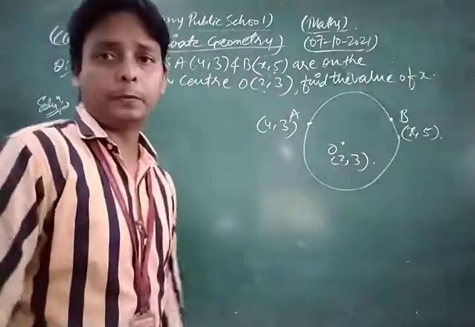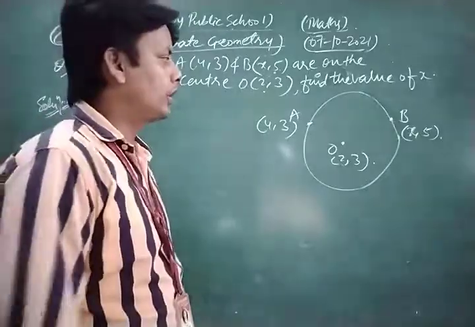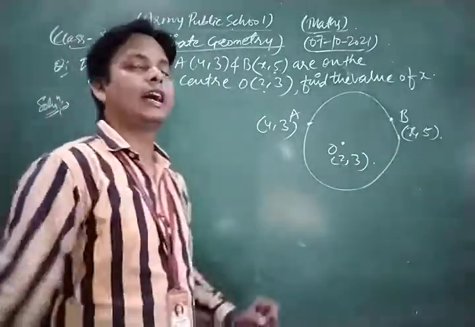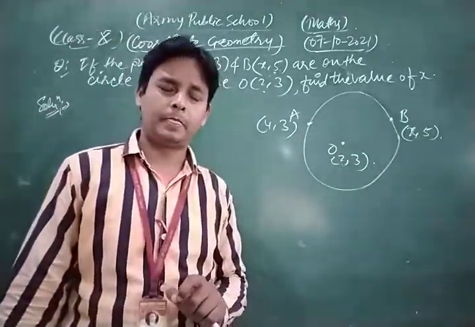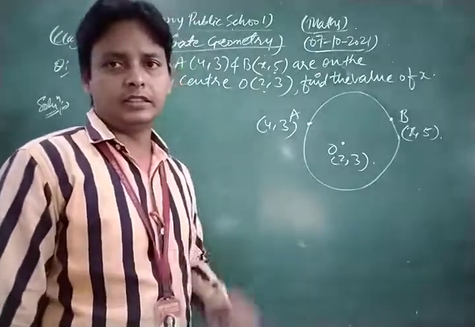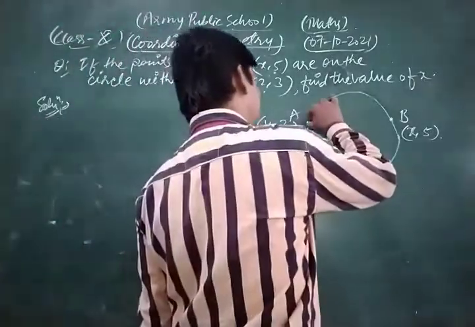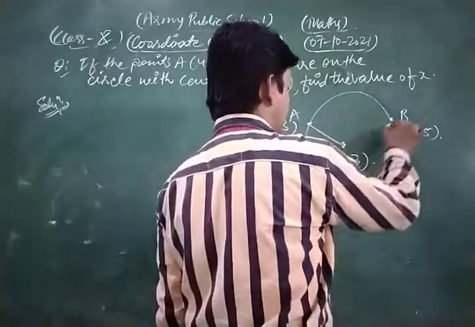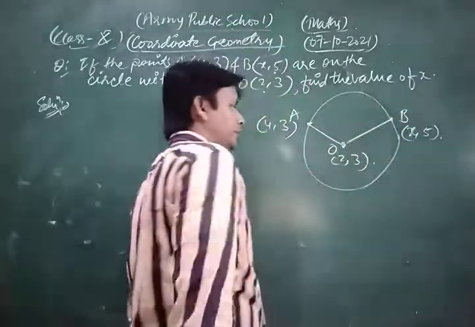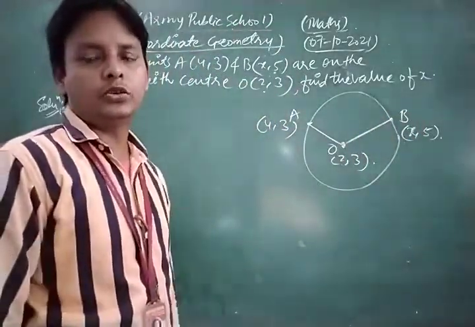Now look what I do. Dear friends, you know that the distance between the center and any point on the circle is called the radius. So now we join OA and OB.